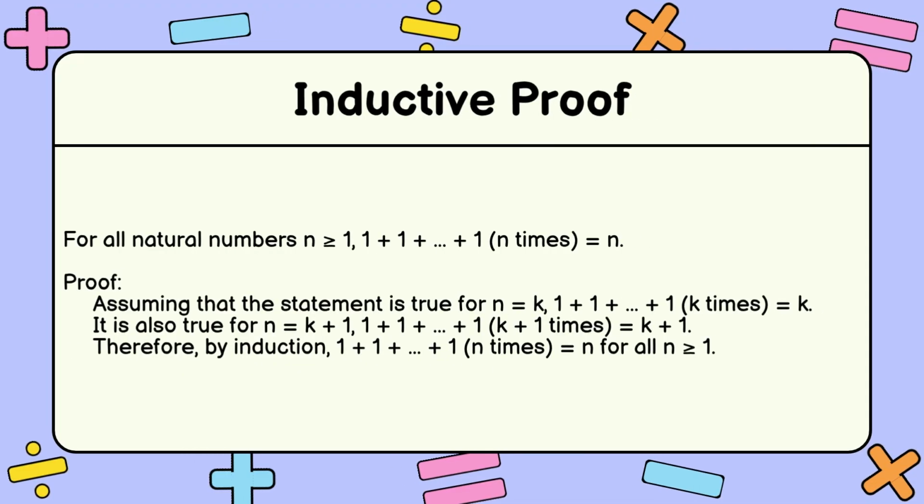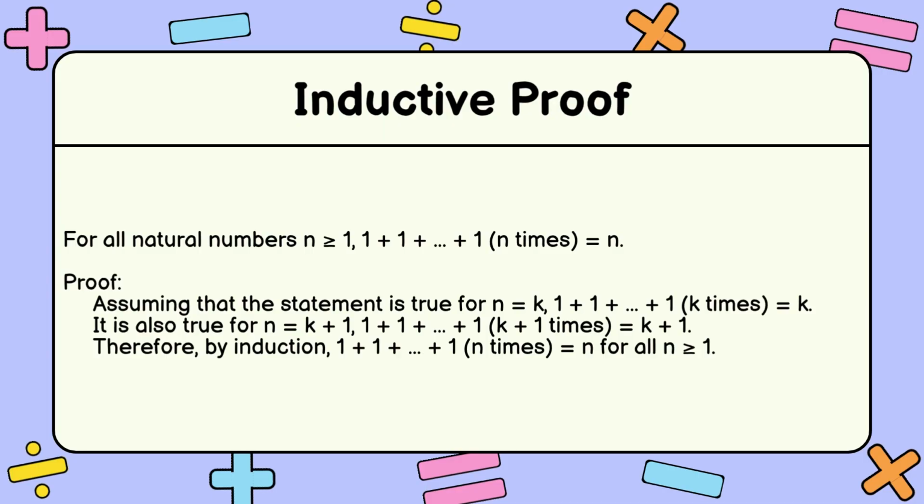And lastly, we have our example for inductive proof. Our statement reads, for all natural numbers n greater than or equal to 1, 1 + 1 + 1 + ... + 1, n times, should be equal to n. To prove this, let's assume that the statement is true for n equals k. Then 1 + 1 + 1 + ... + 1, k times, should be equal to k.